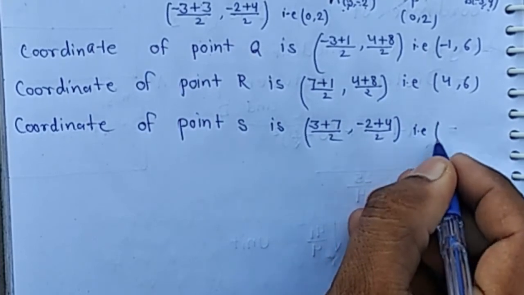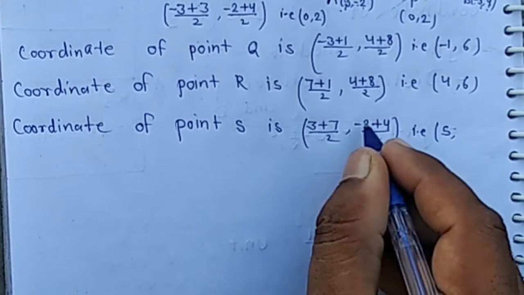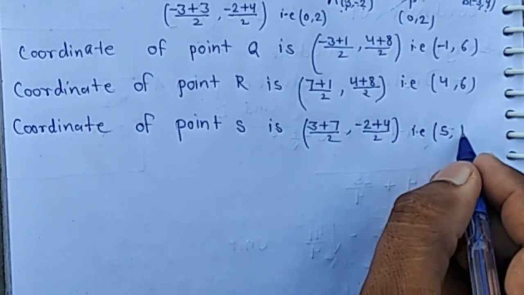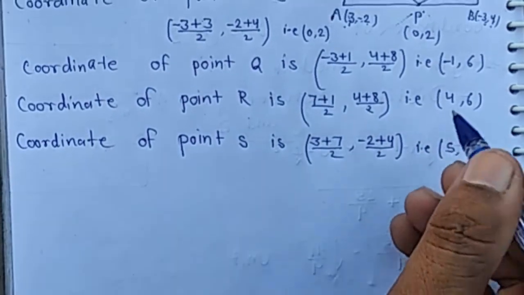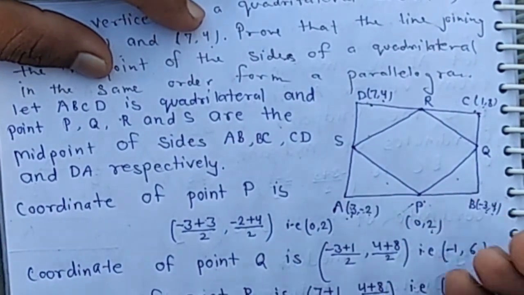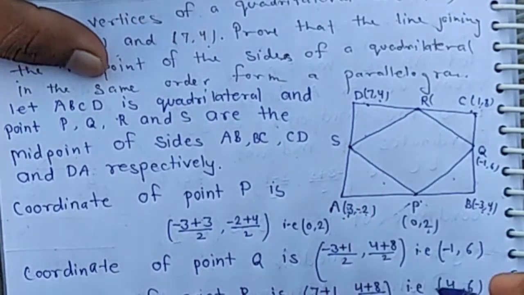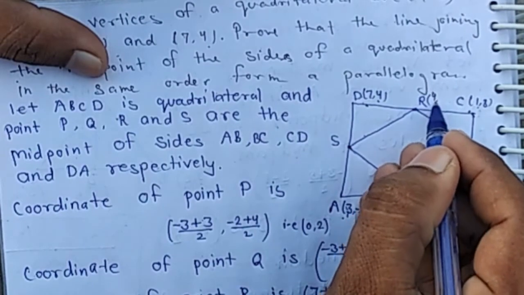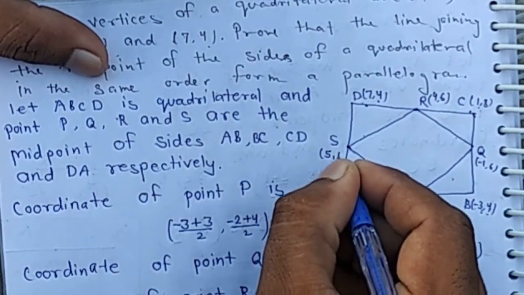Then it is 3 plus 7 means 10 by 2, which is 5, and -2 plus 4, 2 by 2, which is 1. Now coordinate of point P is (0, 2), Q is (-1, 6), R is (4, 6) and S is (5, 1).